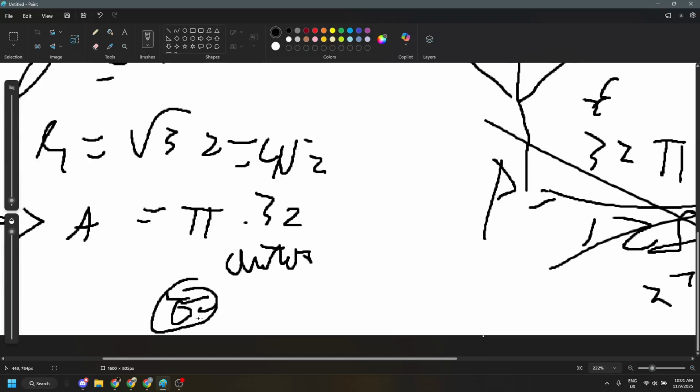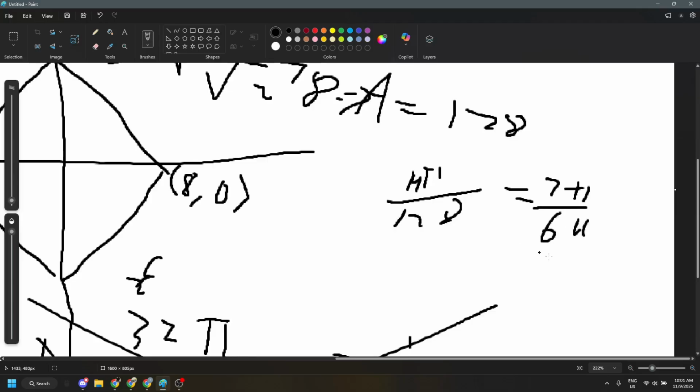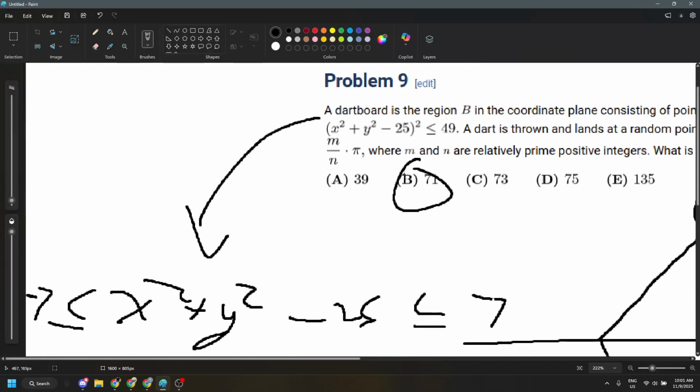If we just have that part, it's going to be pi times 32 minus 18, which gives us 14 pi. So 14 pi over 128. Take the 2 out, you get 7 pi over 64. m plus n is equal to 71, which is in fact an answer here.